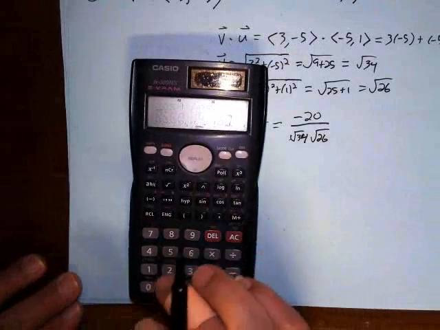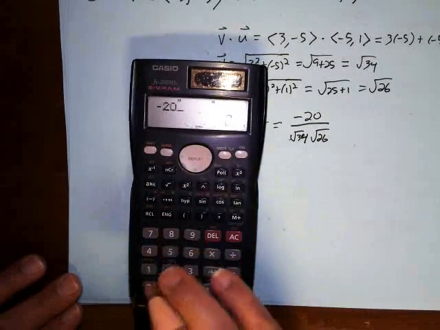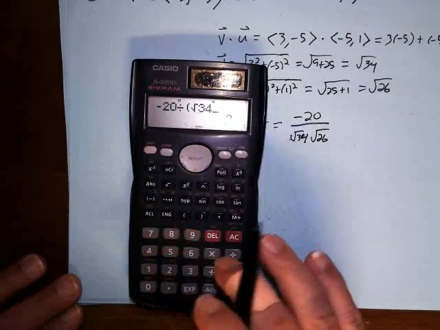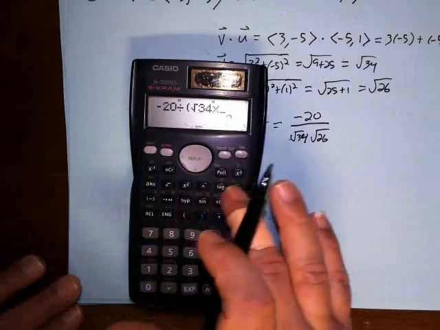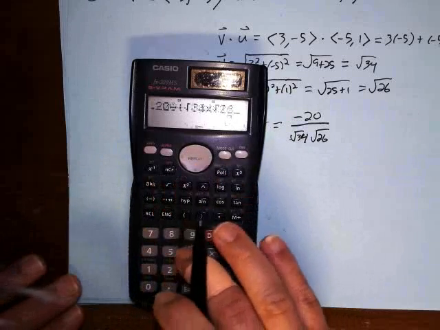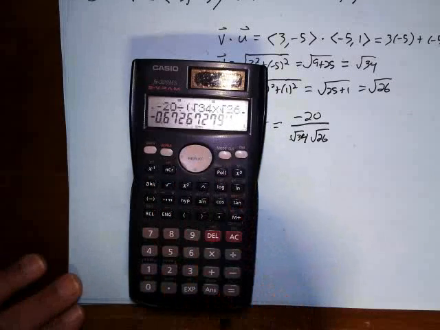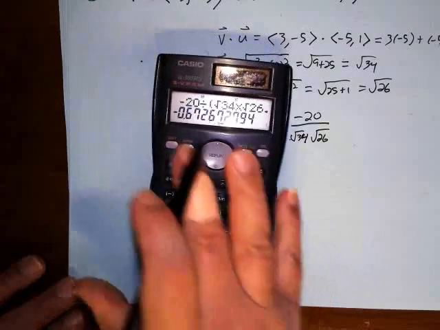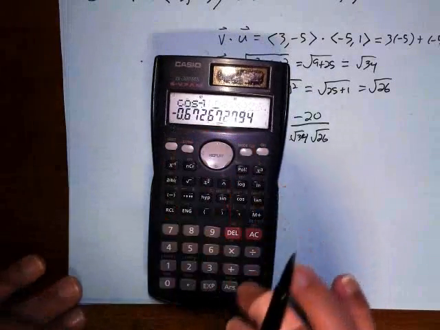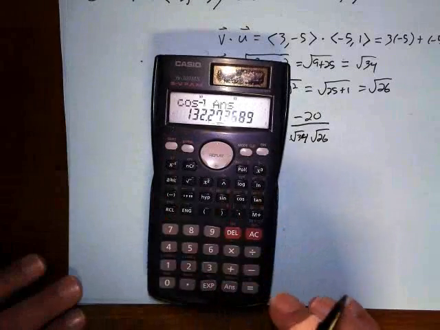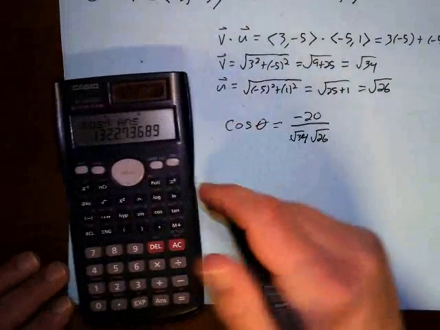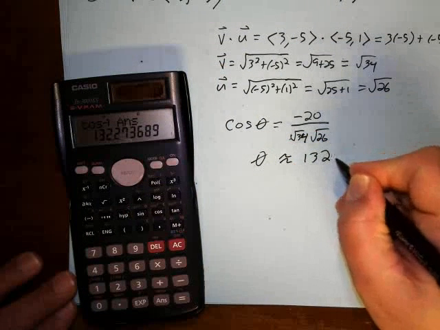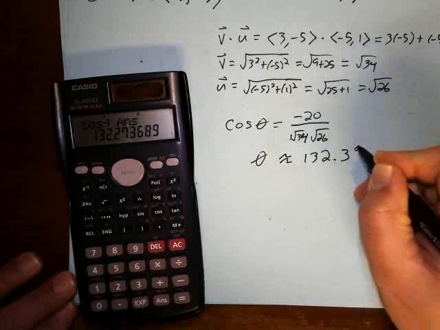So negative 20 divided by, in parentheses, square root of 34 times square root of 26. And I get this, and now I'm going to do inverse cosine here. So shift cosine of the answer, and I get this angle. I get that theta is approximately 132.3 degrees.